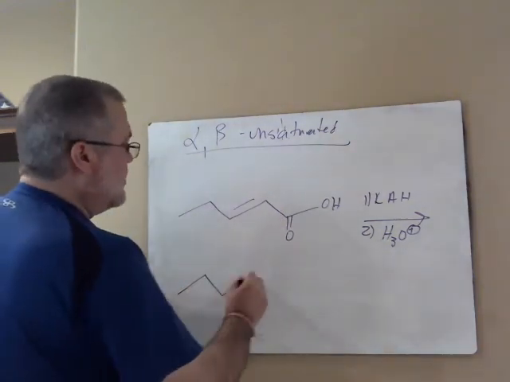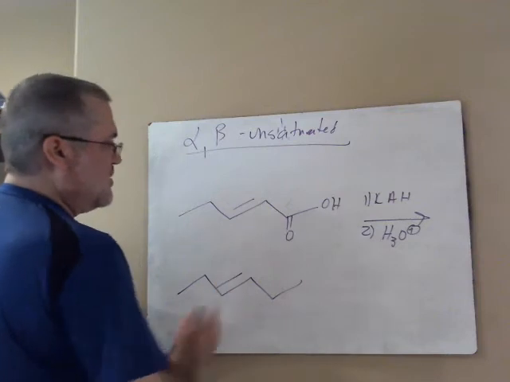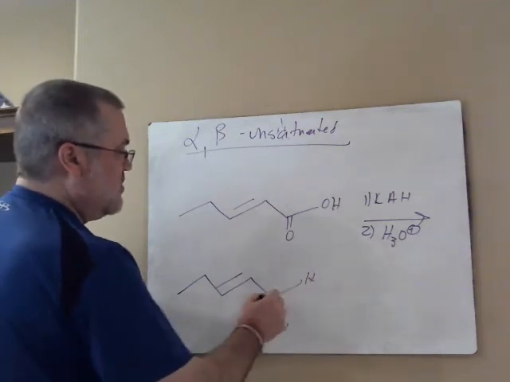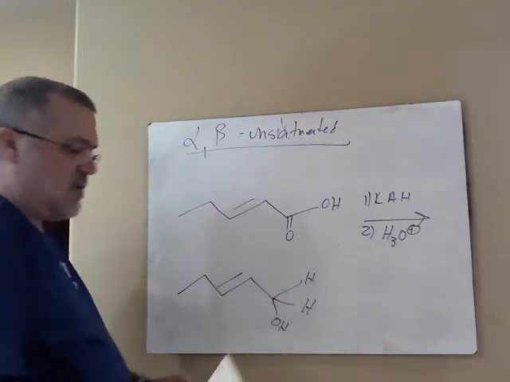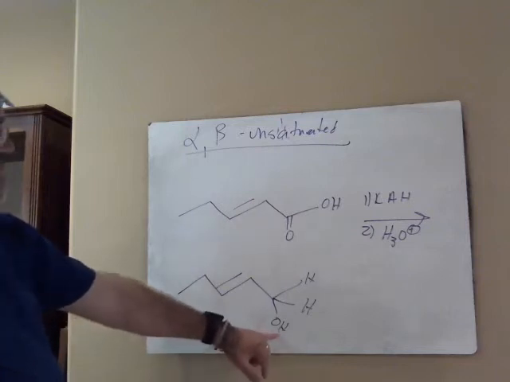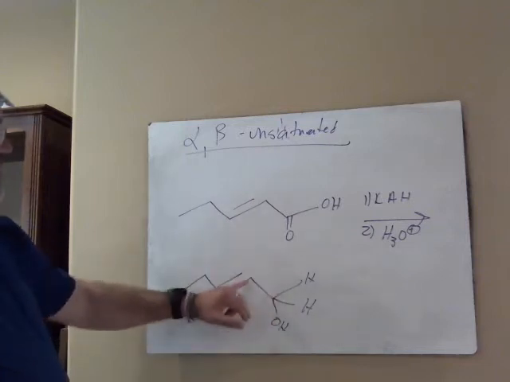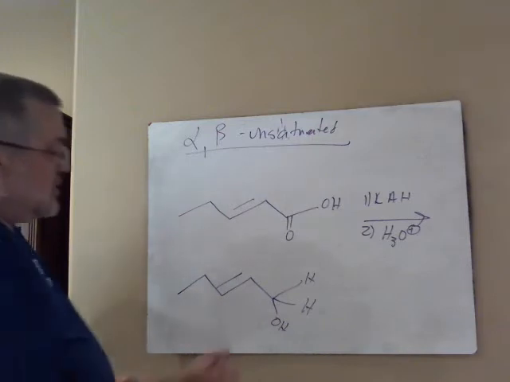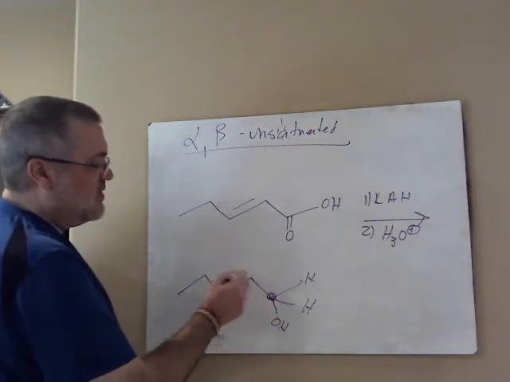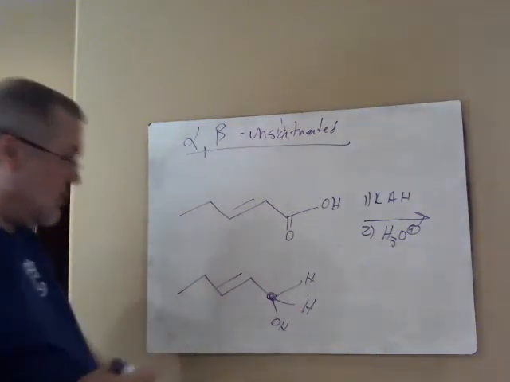So in this particular case, what would you expect the product to be? You have your OH, and you've added your two equivalents of hydride. And so you would form this primary alcohol that is allylic because the OH is attached to the carbon that's adjacent to the double bond.